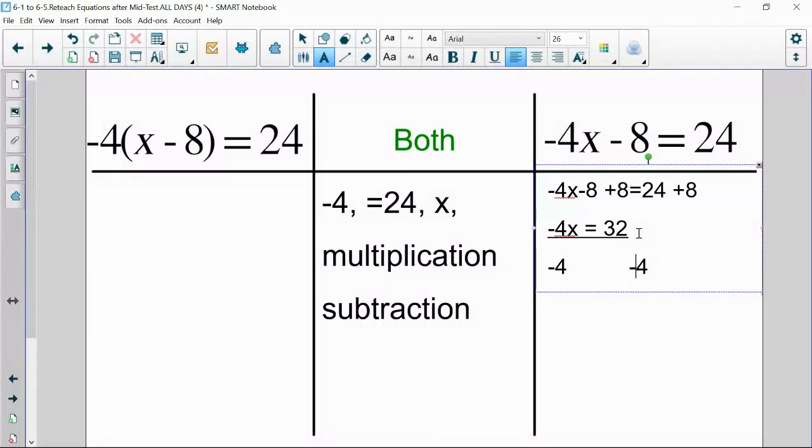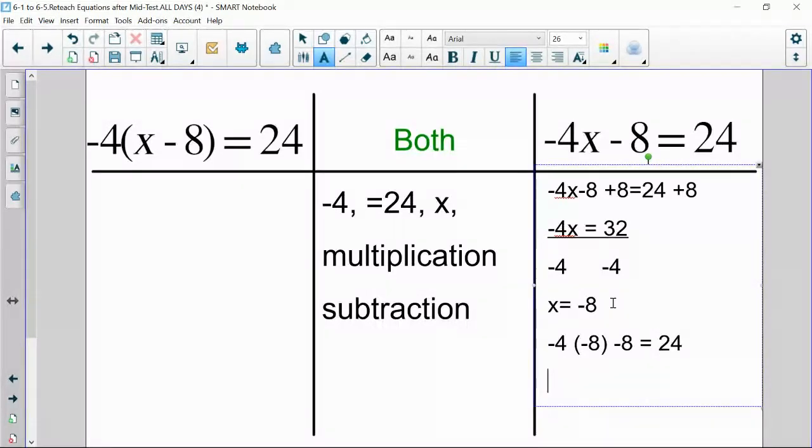That helps it all cancel out, so that now we have x equals -8. And of course, checking our work: -4 times -8 minus 8 equals 24.